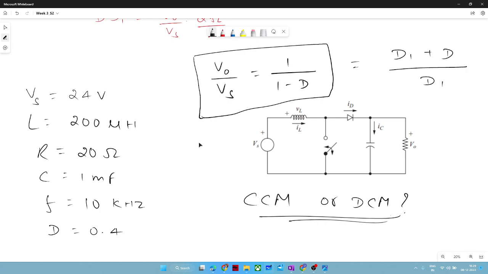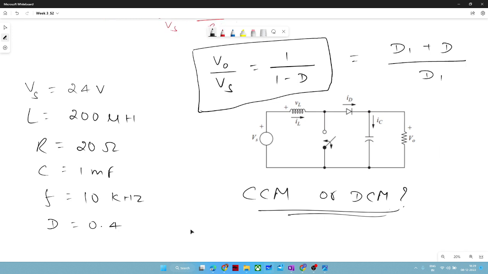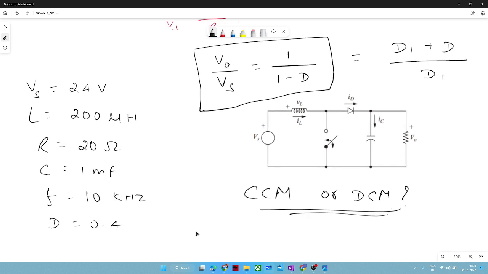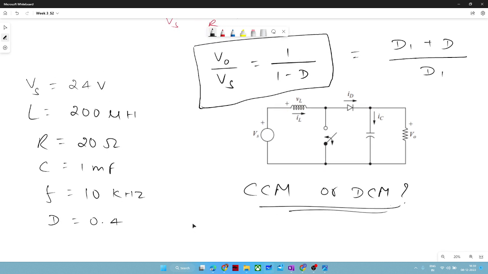So in that scenario, what will you do? Any approach do you have in your mind? Anyone? You have derived everything. You have seen all the continuous conduction mode and discontinuous conduction mode. So what will you do in that case?